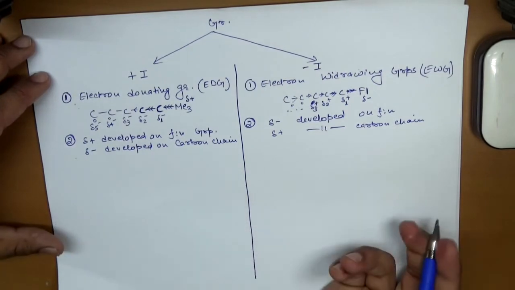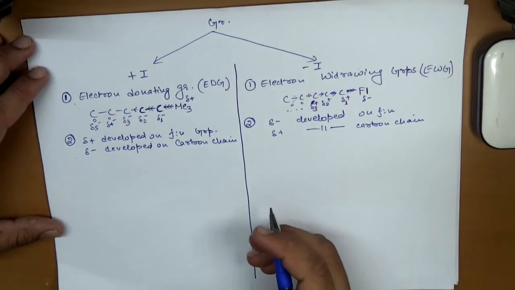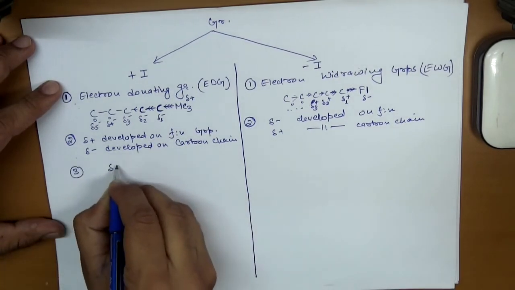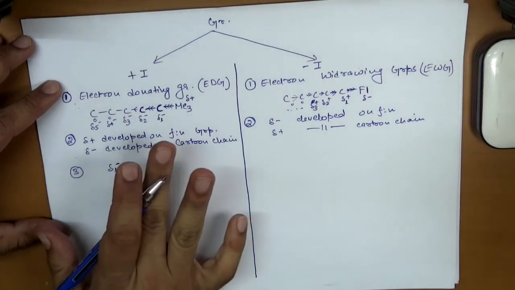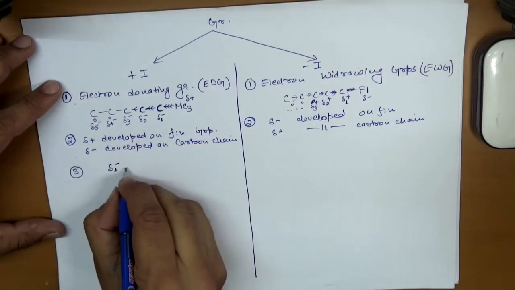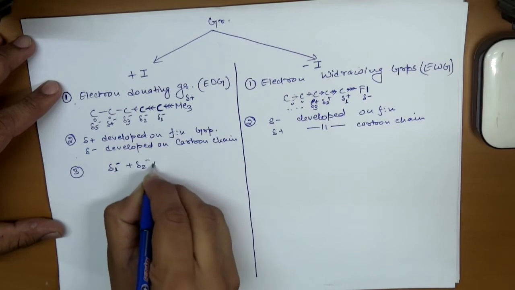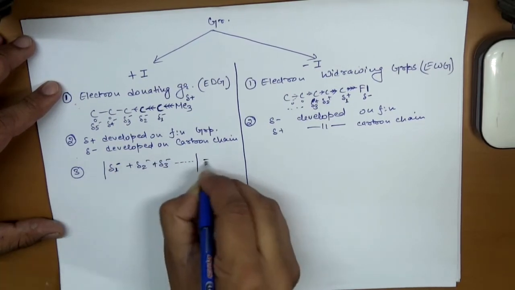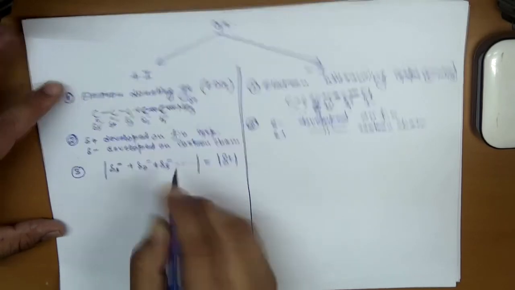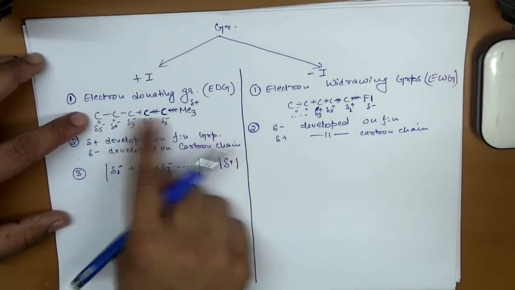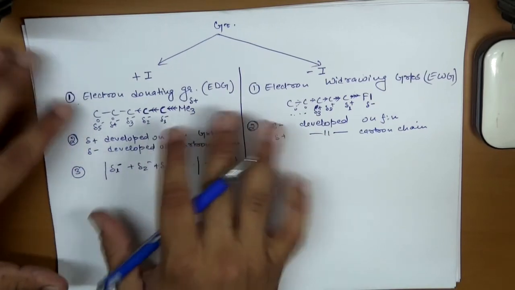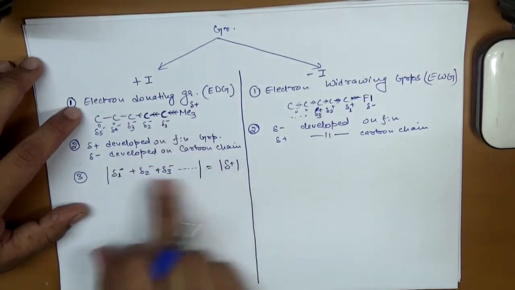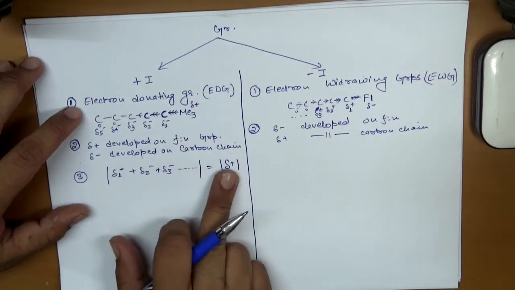Now it is obvious that, the modulus, okay, we are talking about the modulus, delta 1 negative plus delta 2 negative plus delta 3 negative, the sum of all the deltas and their modulus will be equal to the delta plus, because as you can see, the electrons have gone nowhere, they are in the compound only, so the net neutrality of the compound is maintained.